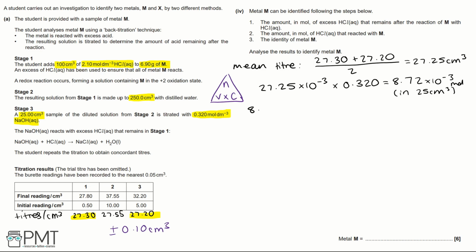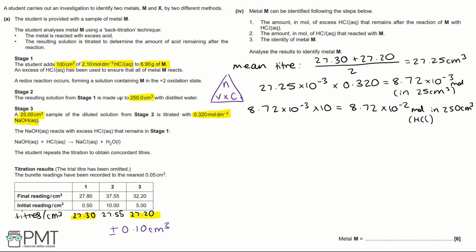So we do 8.72 times 10 to the negative 3 multiplied by 10, which equals 8.72 times 10 to the negative 2 moles in 250 centimetres cubed. So now we have the moles of sodium hydroxide in our resulting solution, and we know that it's a 1-to-1 ratio, so this can also be the moles of hydrochloric acid in our resulting solution.